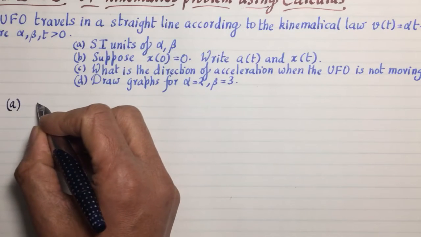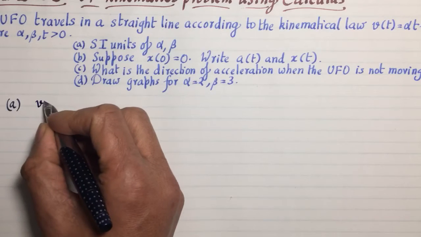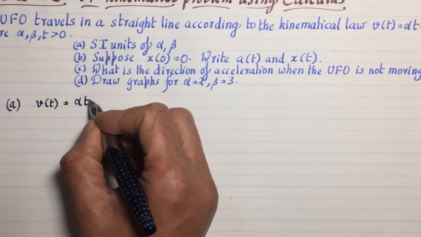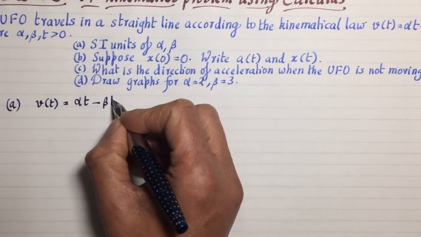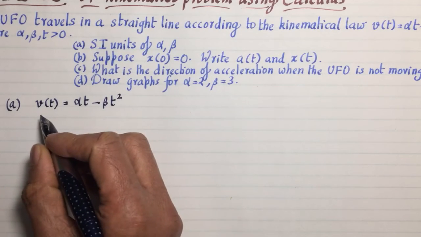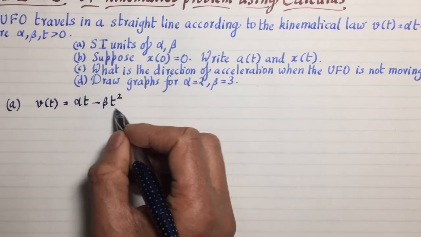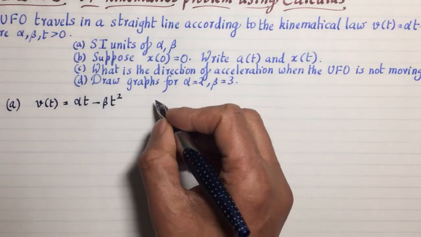The units come from the velocity function v of t is alpha t minus beta t squared. Well, velocity is measured in meters per second. That means each of these terms must have units of meters per second.